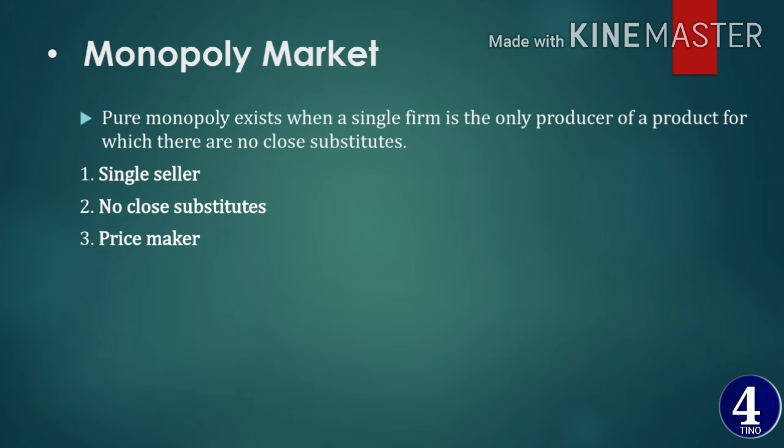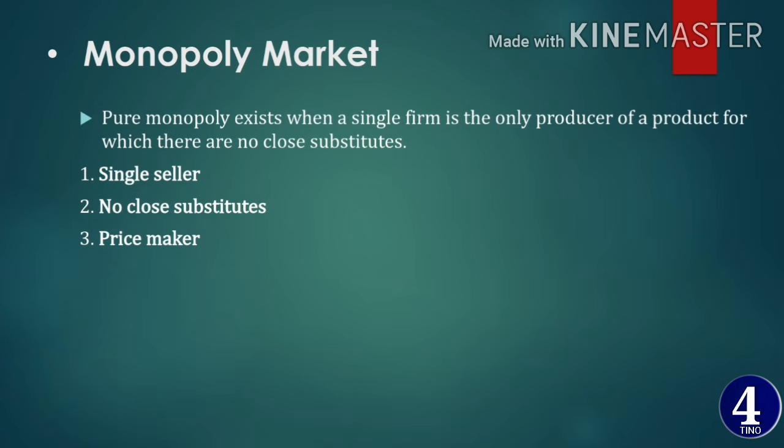But in this case, the monopoly faces a downward sloping demand curve, which is the familiar curve that you know.